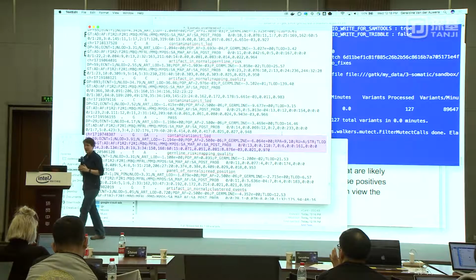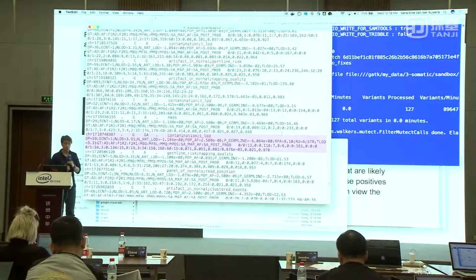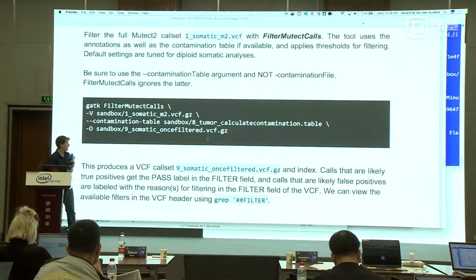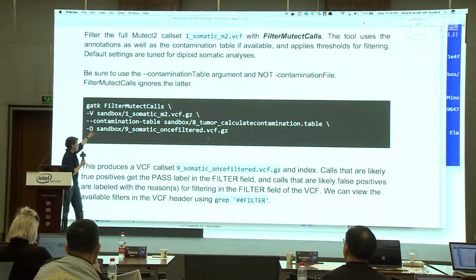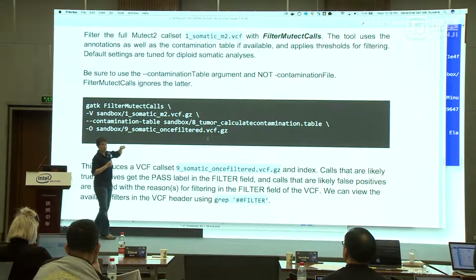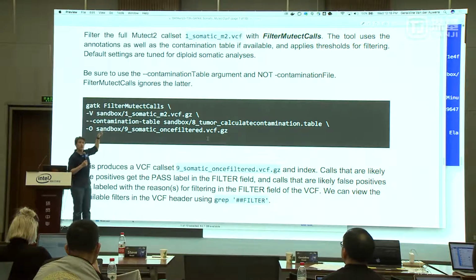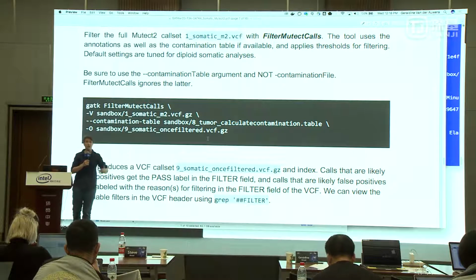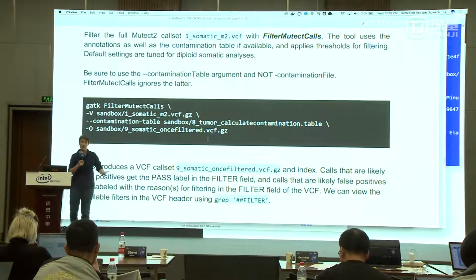So I kind of glossed over that, but when I applied this command here, even though it looked like I was just passing in the contamination, FilterMutectCalls also has a number of things that it filters on by default. So if you were to apply it just by itself, it would apply all the standard filters that we recommend with standard thresholds.